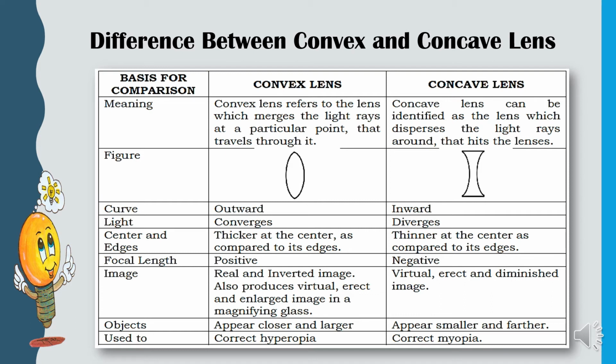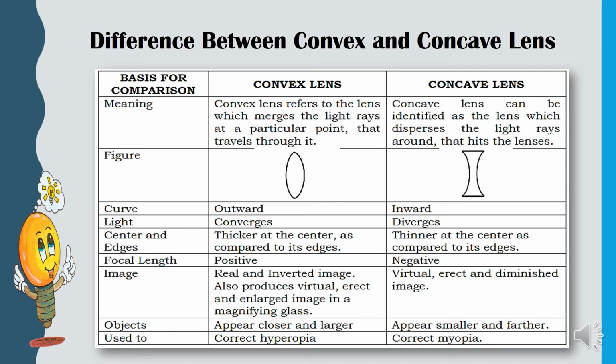On the other hand, concave lens can be identified as the lens which disperses the light rays that hit the lenses. In terms of the figure and curve, convex lens curves outward while concave lens curves inward.